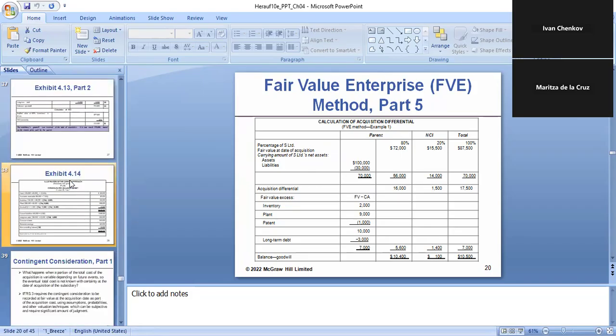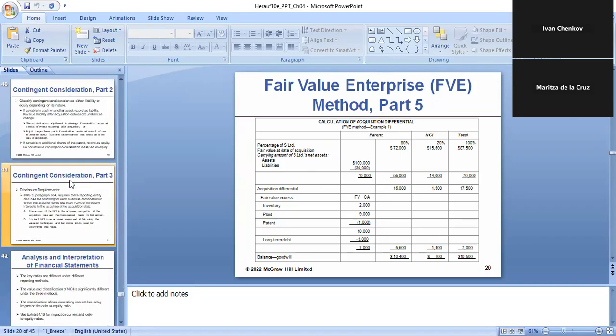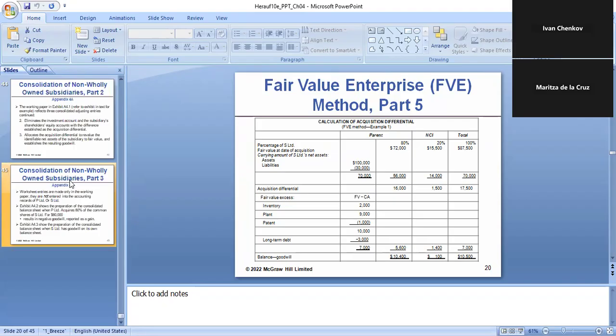So that was on the day of the acquisition. So again, at the day of the acquisition, we have two options. Either we're going to purchase 100% of the other company, or we're going to purchase less than 100%. That means we're going to have non-controlling interest. And we have to see which method we're using in order to determine how much is the non-controlling interest.